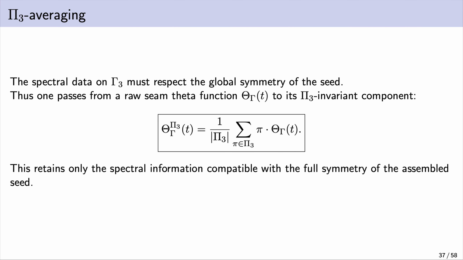So we want to be able to pass from a raw seam theta function to its symmetry group, shadow preserving symmetry group, invariant component. So we just take an average over the elements in pi 3. We kind of smear this theta across the whole seam graph.